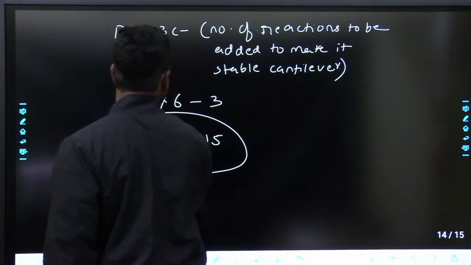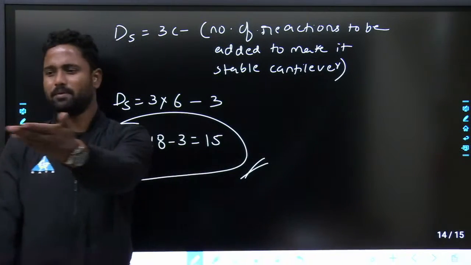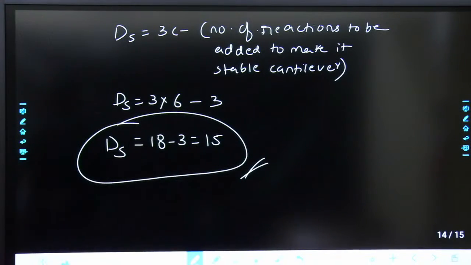Two marks question, 15. Hardly takes 2 minutes. You know, people have given 15, 15, 15. It's okay, for which I have drawn, it's okay. Now you can draw it, okay? No issues.